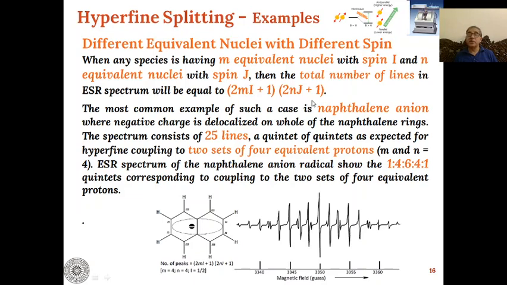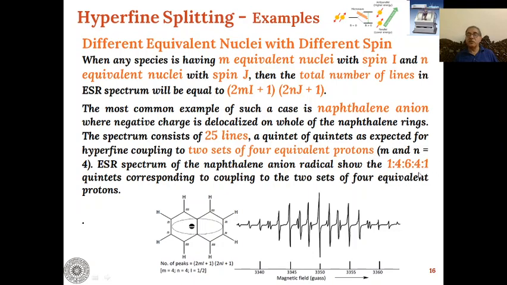Then hyperfine splitting for different equivalent nuclei with different spin. There may be some cases where we have different sets of equivalent nuclei, and those nuclei have different spin. In such cases, the total ESR spectrum will have lines equal to the multiplication of both those factors.